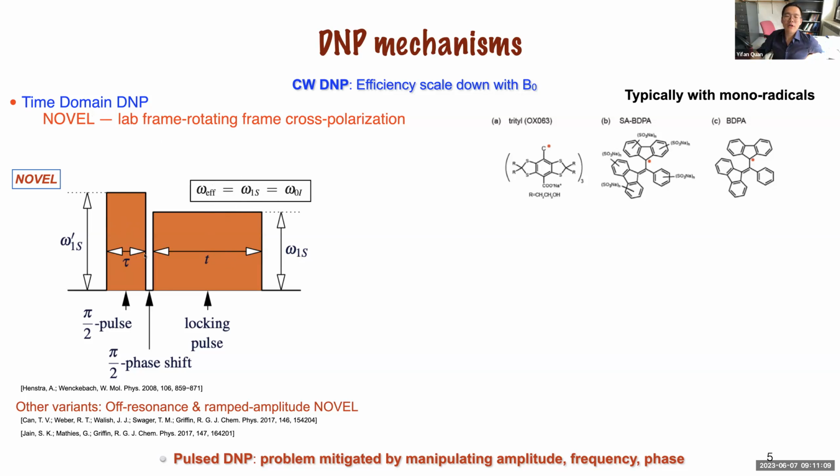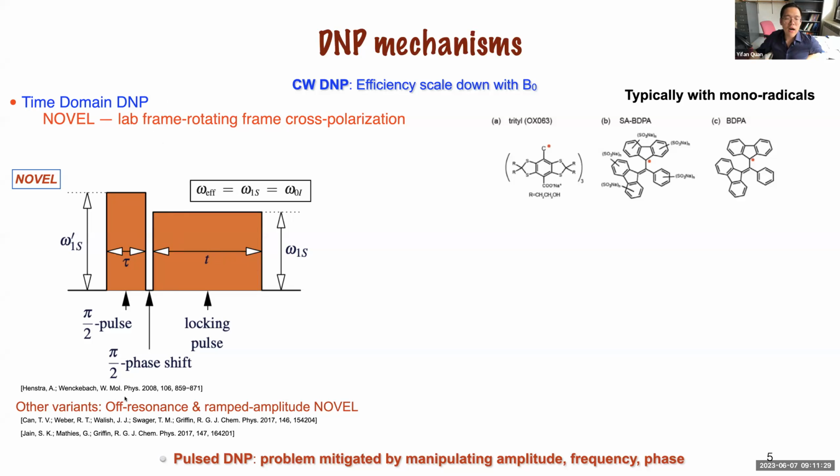This is very similar to CP for the NMR community, except that here we don't have a pi-half pulse on the nuclear spins.